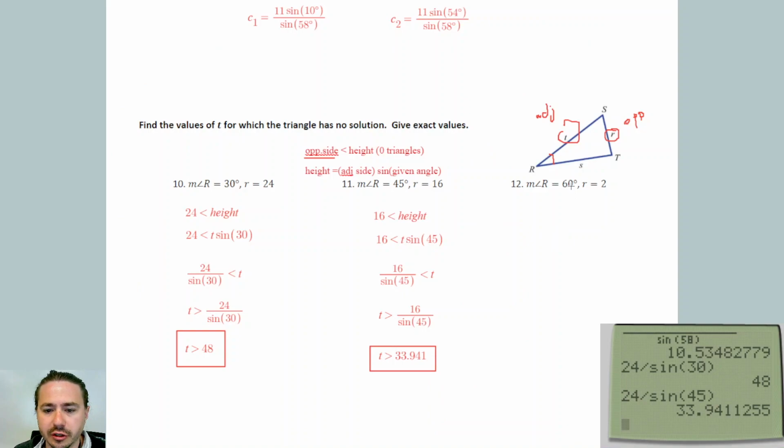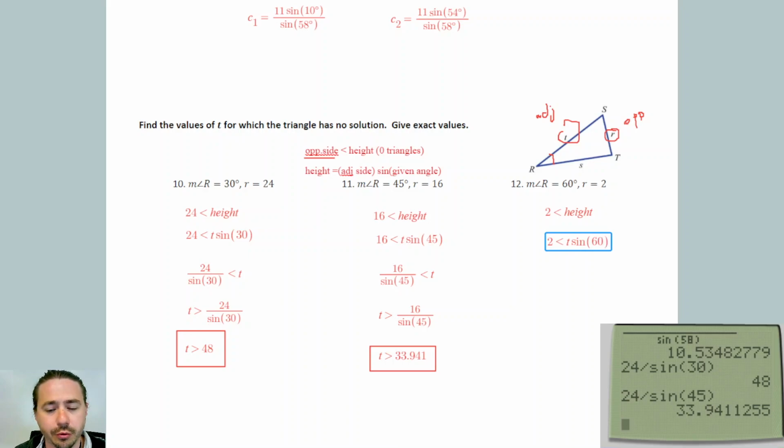Now, if that angle measure is 60 degrees, and we got 2 over here, we want to find what t has to be in order for there to be no solution. So we're going to say that 2 must be less than the height. So 2 is going to be less than t times the sine of 60.